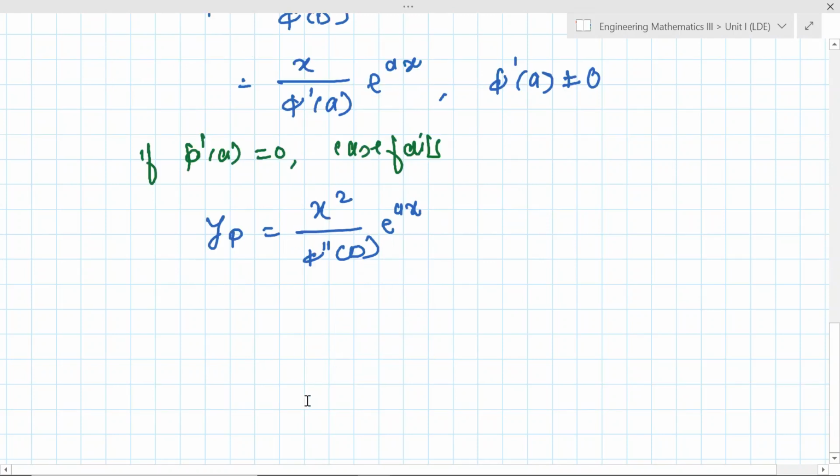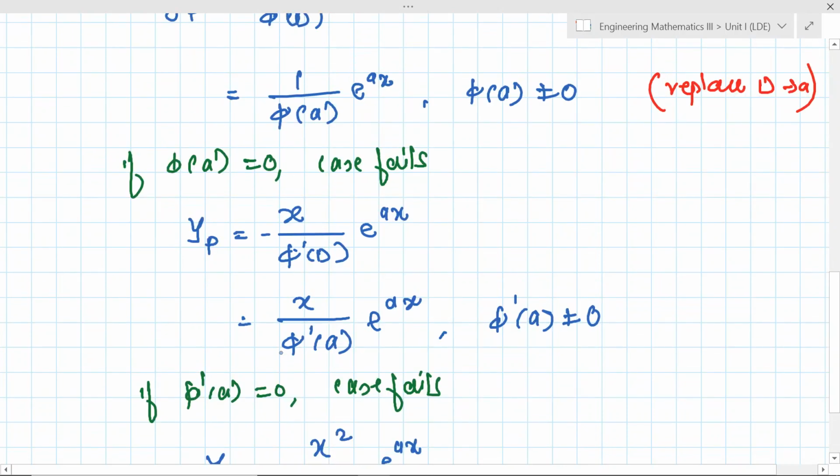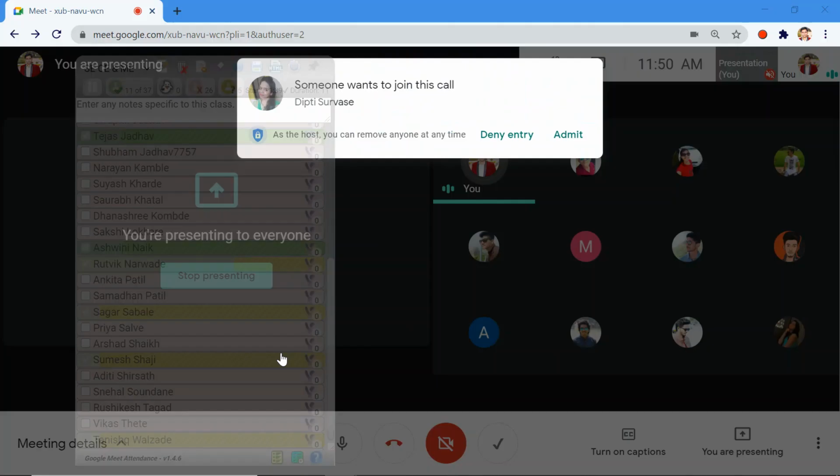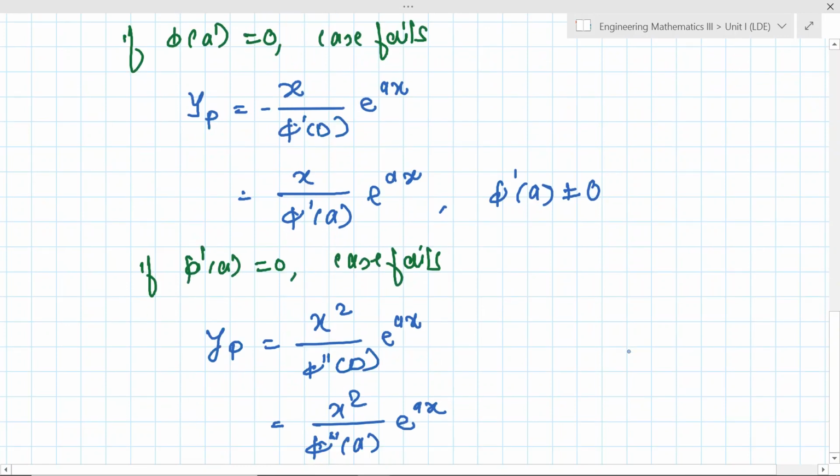So this is equal to x square divided by phi double dash of a into e raised to ax. That's it. In this case we just have to replace D by a. Whenever the case fails, just take the derivative and replace D by a in that derivative. Now some other parts of this case are also there, but we just need to understand examples.